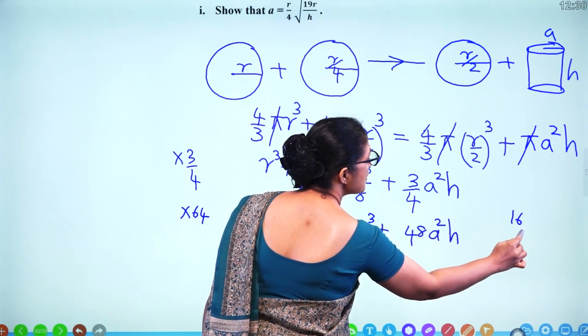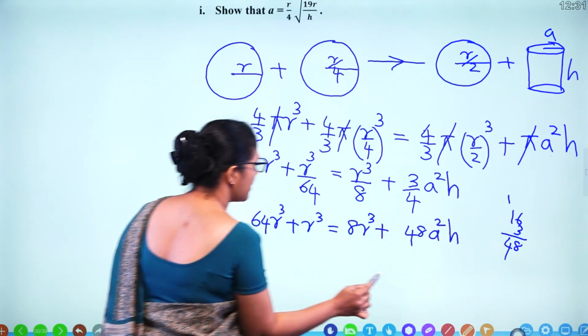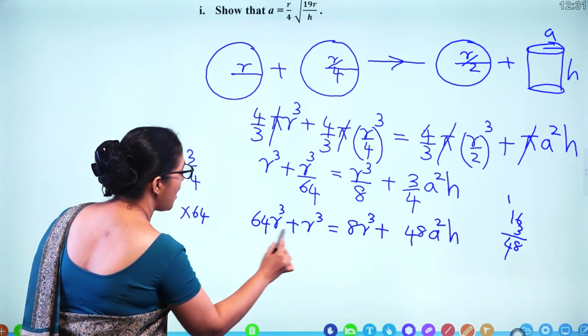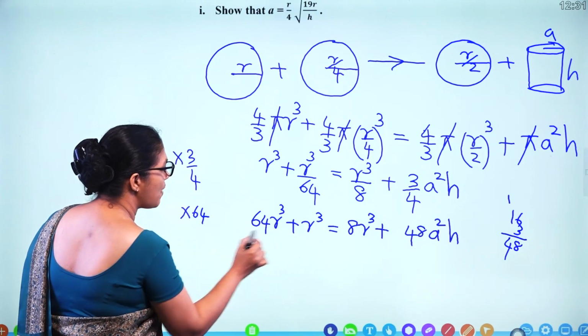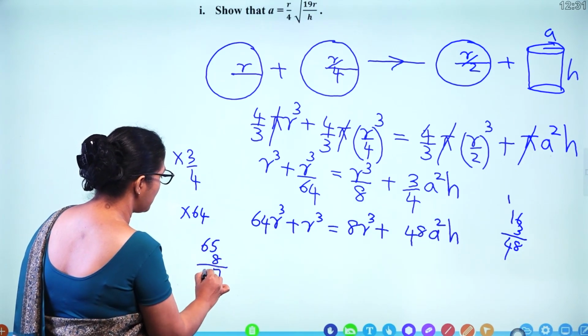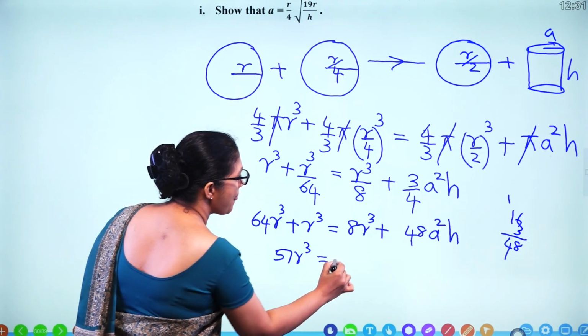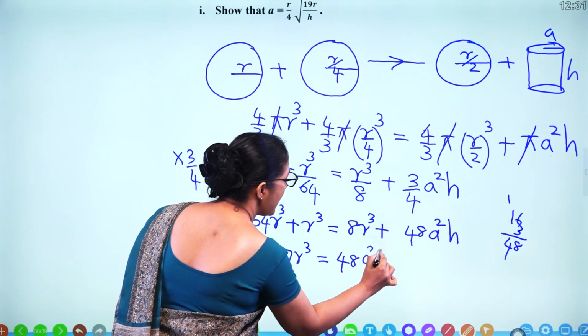That's 16 times 3. Check it. 48. Now simplify the r cubed terms. 65 minus 8, you get 57. 57 r cubed is equal to 48 a squared h.